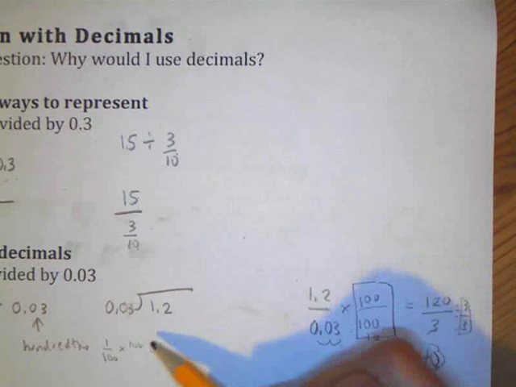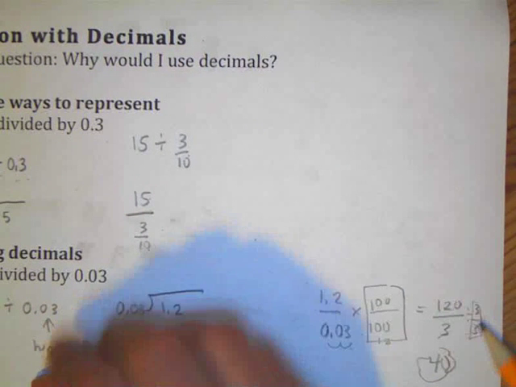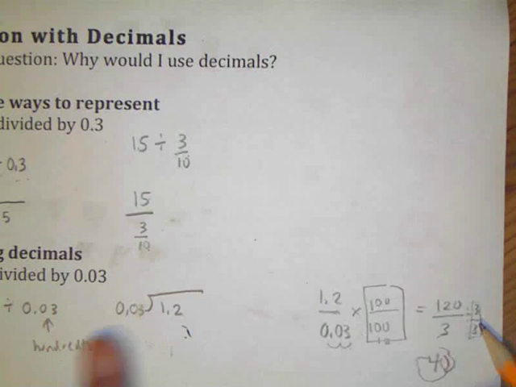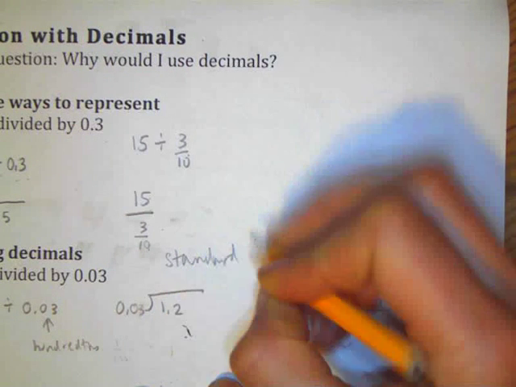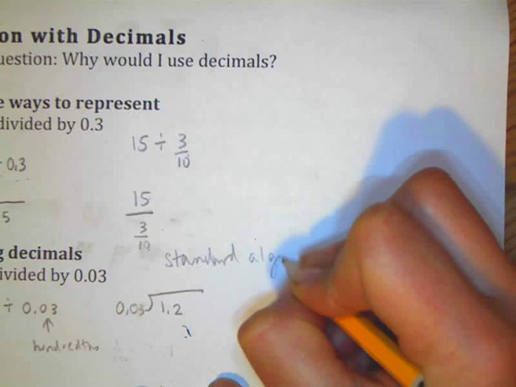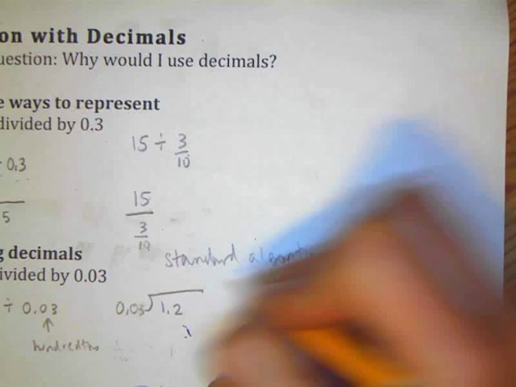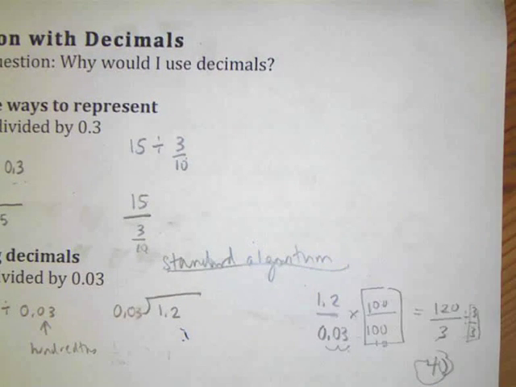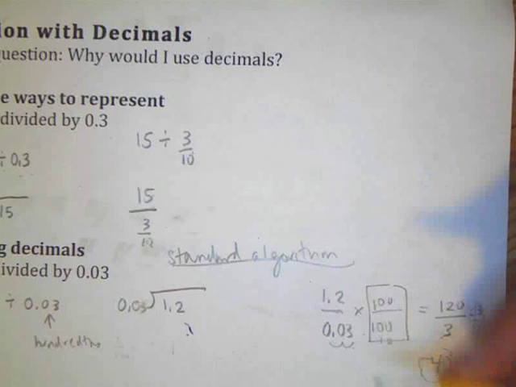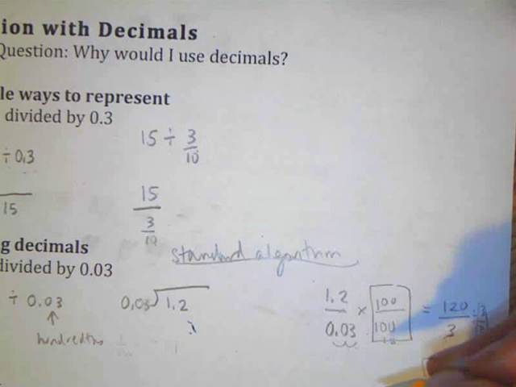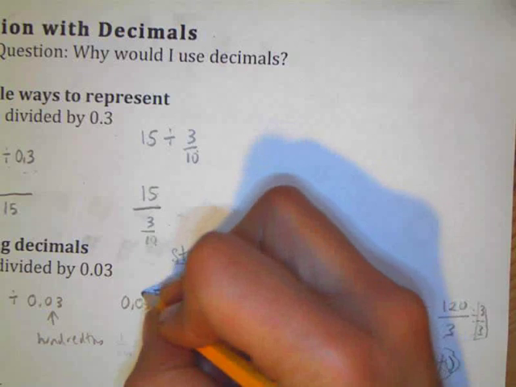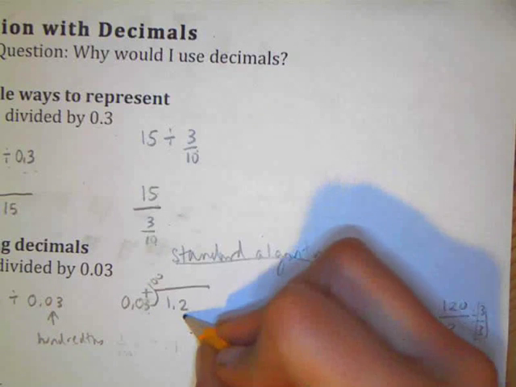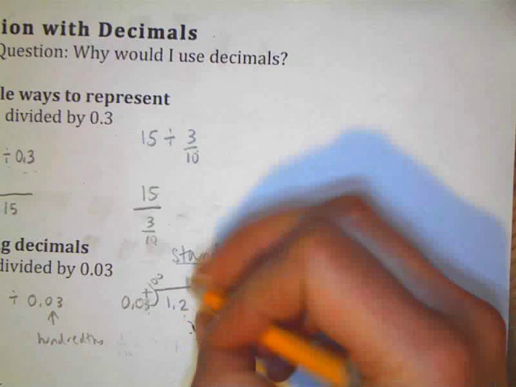But let's go back here to the standard algorithm. That means just the regular way of doing it, the step-by-step method. A quick technique I saw when I was down in Costa Rica many years ago is they would say, this is in the hundredths place, so I'm going to multiply by 100, and I've got to do the same thing to the inside and the outside.